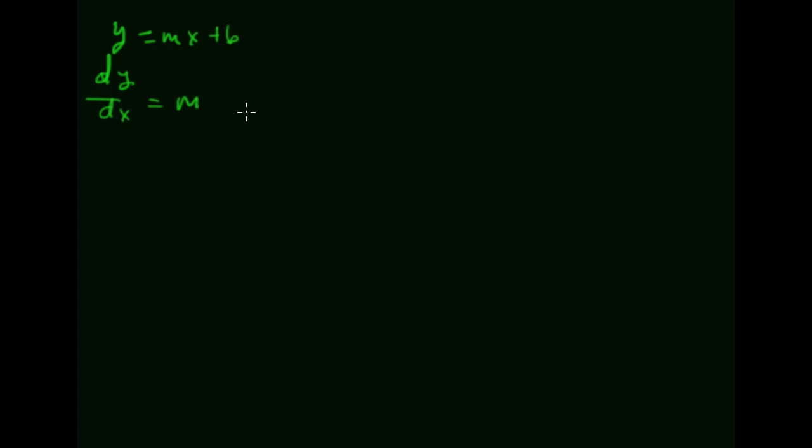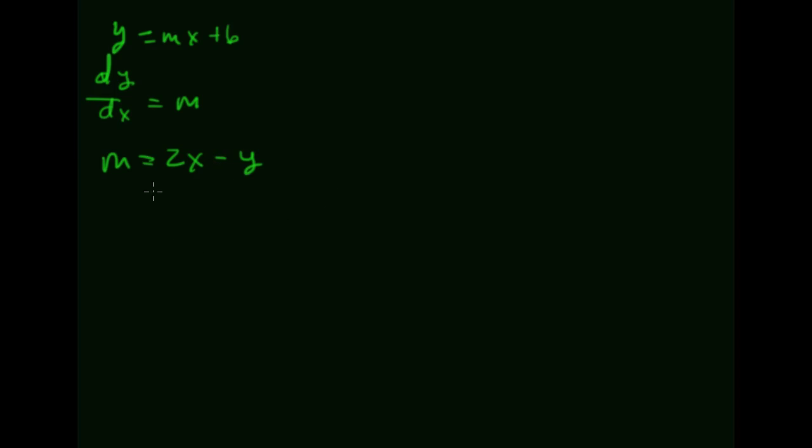That's not too convoluted. So this I can use with our differential equation, because this means that m has to be equal to 2x minus y. So now I have a way to relate x, y, and m.